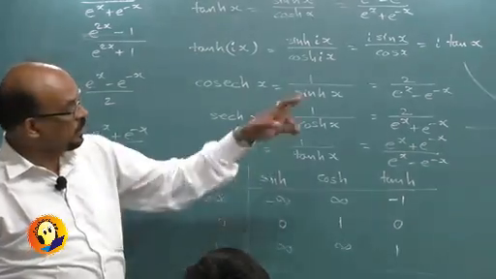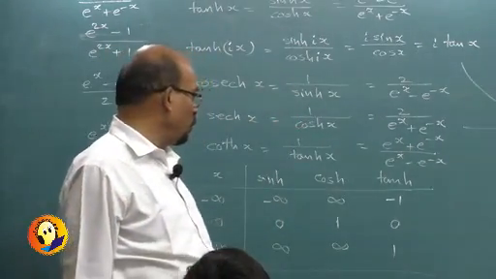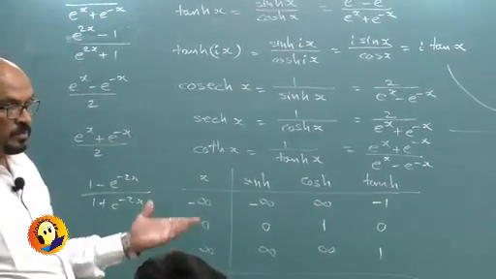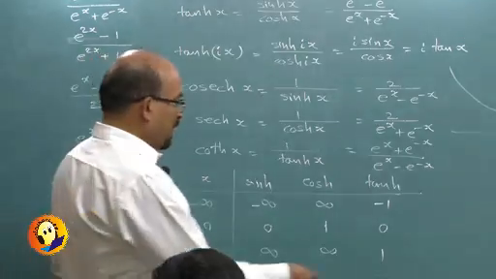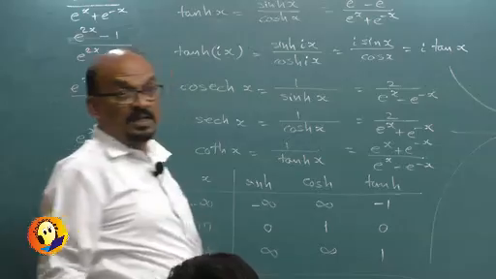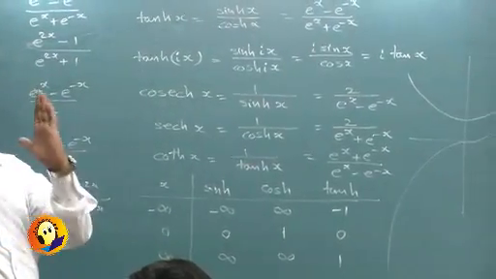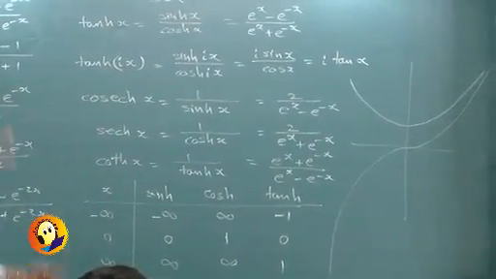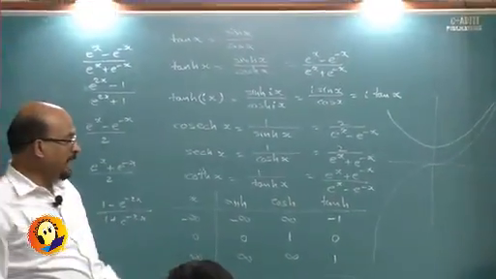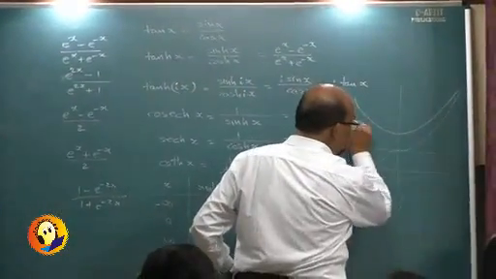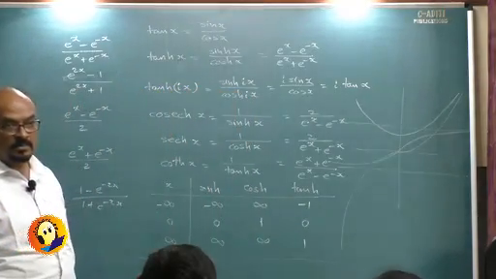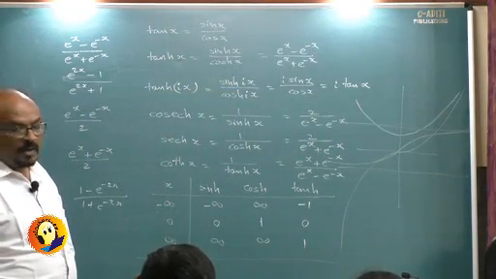Over there, this is one of the famous curves called catenary, y equal to cosh x. The sinh curve you can always draw from minus infinity, so here it is this way, here it is this way, whereas our tan was between minus pi by 2 and plus pi by 2. So this is from minus infinity to plus infinity. And if you try to draw the curve for tanh, it will be between minus 1 and plus 1, and it has to go like this. That will be the curve for tanh.